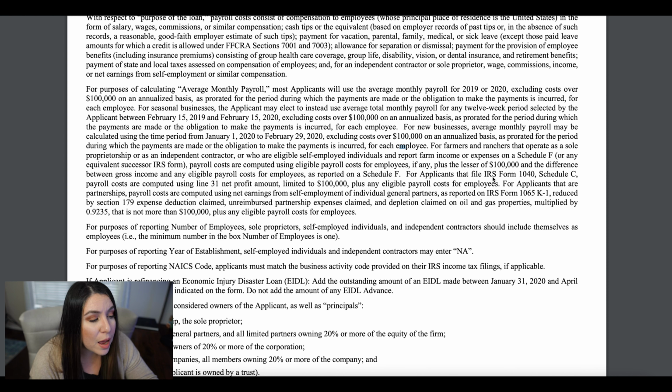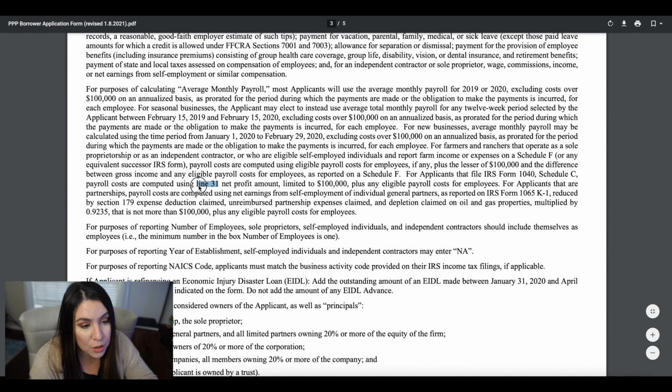For applicants that file IRS Form 1040 Schedule C, payroll costs are computed using line 31, net profit amount limited to $100,000 plus any eligible payroll costs for employees.